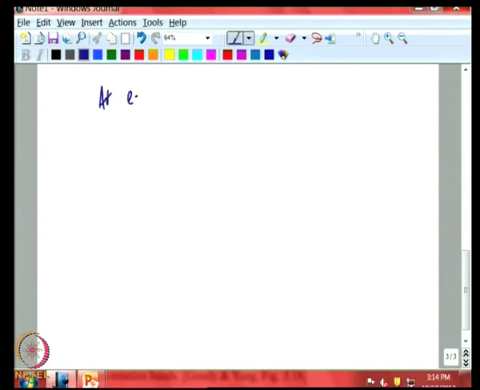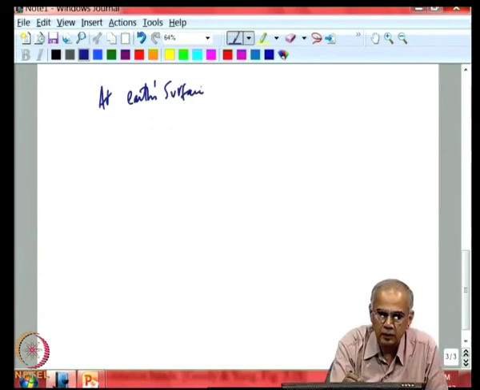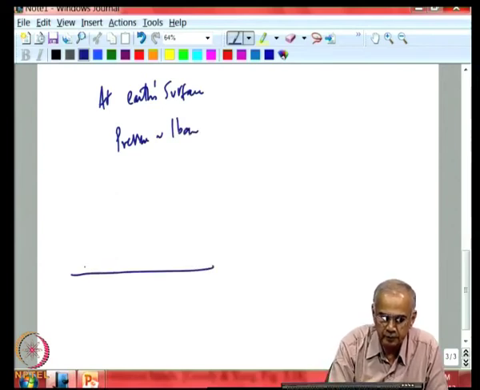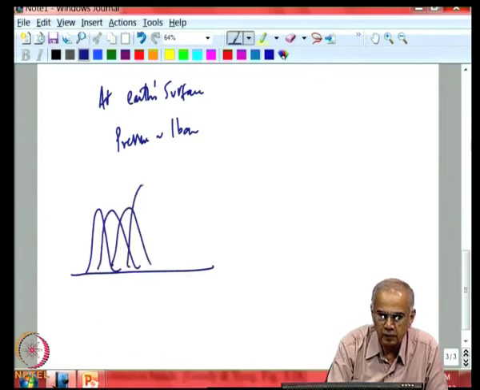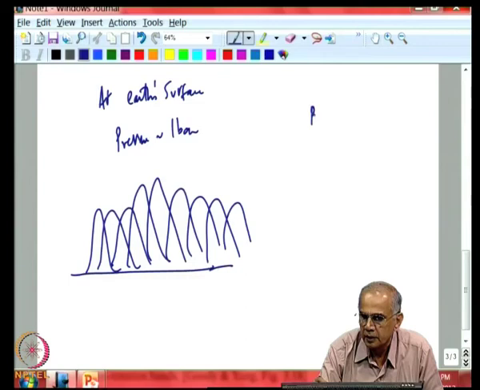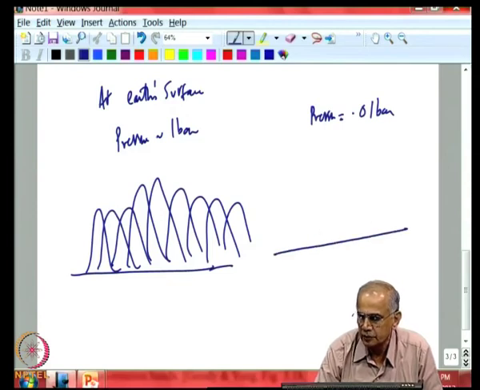At the earth's surface, where the pressure is of the order of 1 bar, the lines may all be strongly overlapping because of the broadening, so this is what you will expect. For the same gas, if you reduce the pressure to 0.01 bar, then you will see the same gas will have distinct absorption lines.